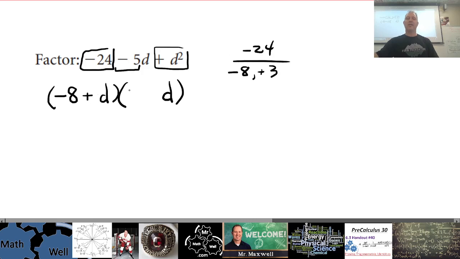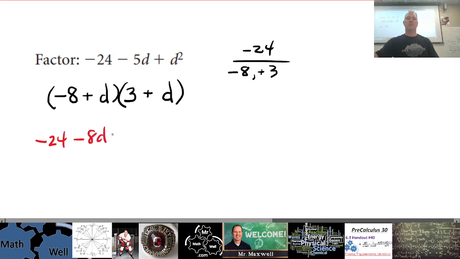And positive 3 as our constant with a plus here. Now I know that feels a little gross, but let's check with FOIL to see if we're on the right track, okay? So FOIL says I'm going to do negative 8 times 3 is negative 24. Then I'm going to do negative 8d plus 3d plus d squared.